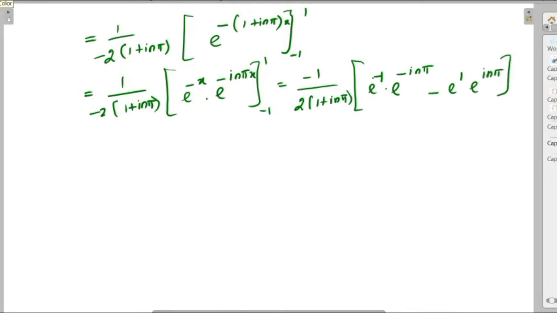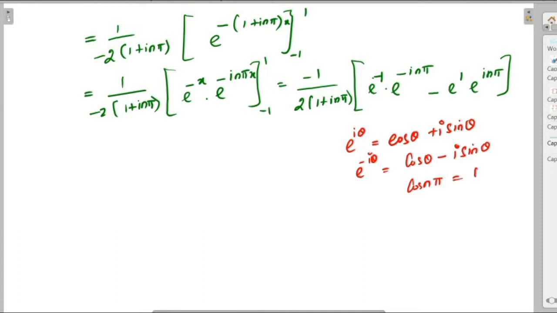We already know the formula e power i theta equals cos theta plus i sin theta. If e power minus i theta is there, you put cos theta minus i sin theta. Also you know that cos n pi equals minus 1 power n and sin n pi equals 0. Now I am going to apply these values.